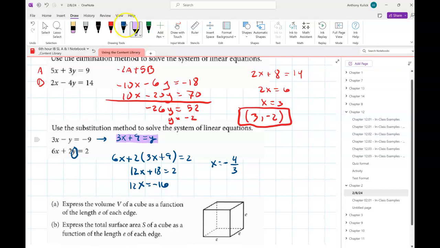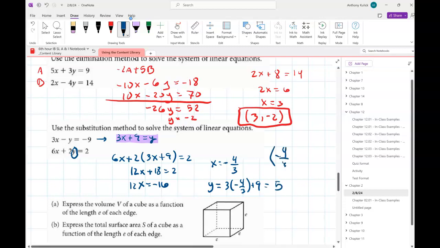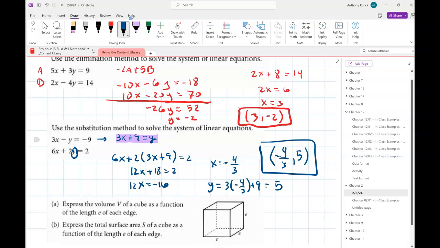Yeah, I'm probably going to plug in here because the y is already by itself. You guys remember doing that?